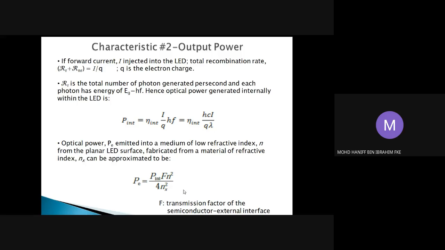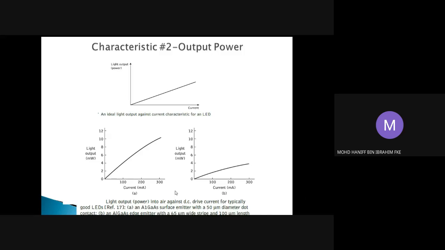So this is the equation that can be used to calculate the emitted power from the LED once we know the internal power and the transmission factor, because N and Nx can be obtained, as we know the surrounding medium and the material that produces the LED. So this is the characteristic of output power.